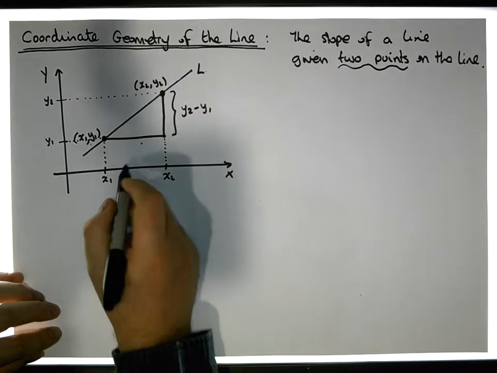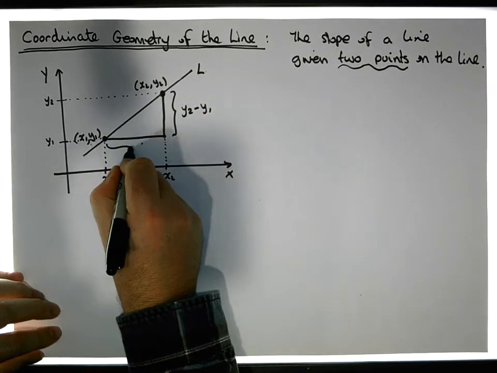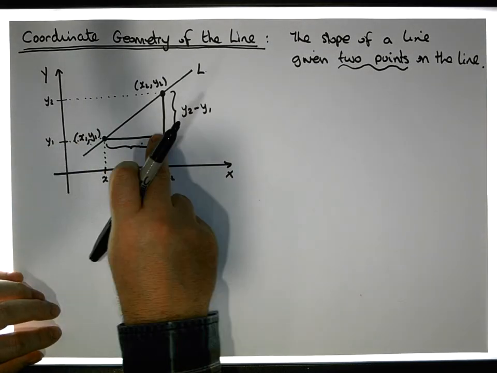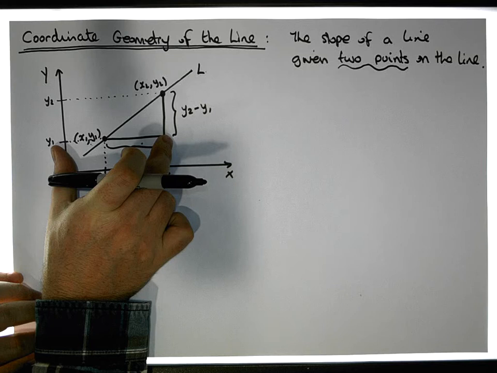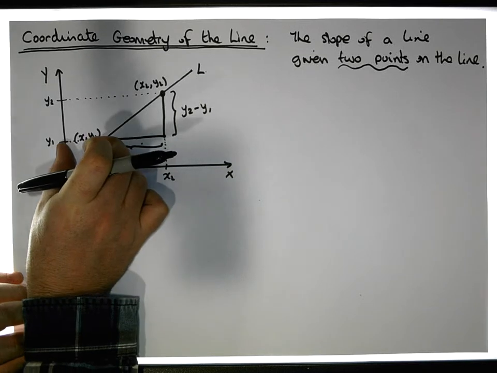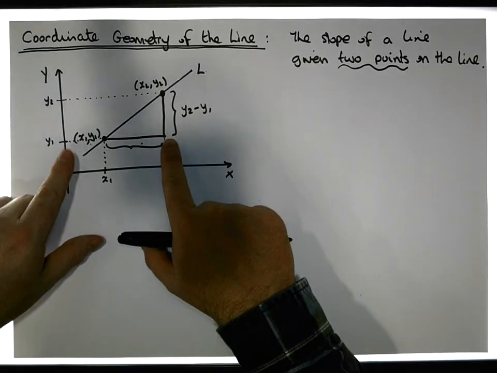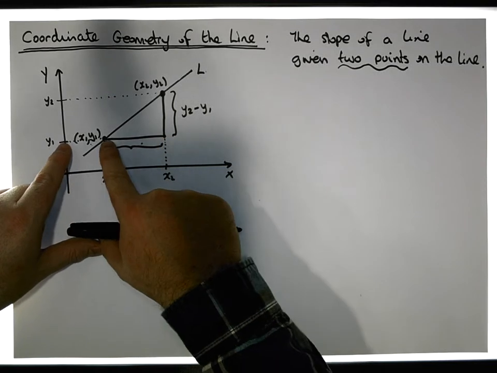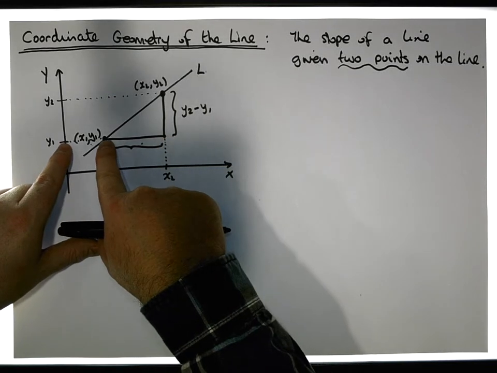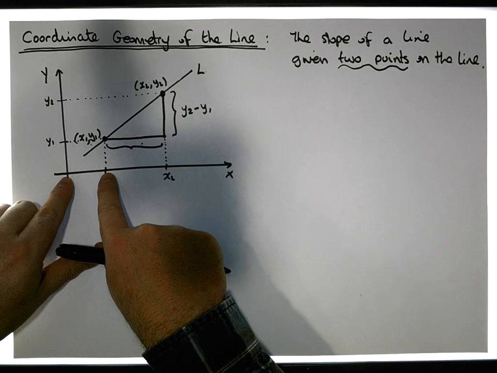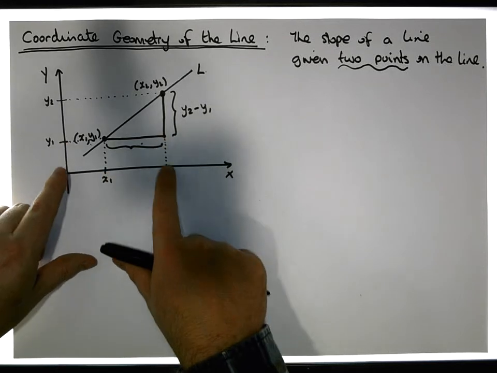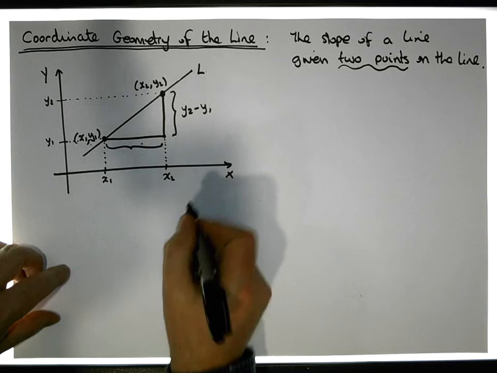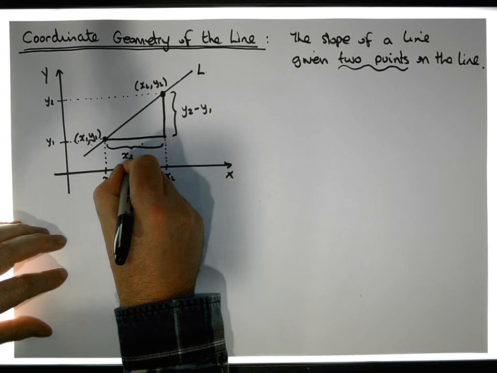In a similar way, this particular distance is the whole length of this line, which is x2, without this piece here, which is of length x1. So this distance here is x2 minus x1.